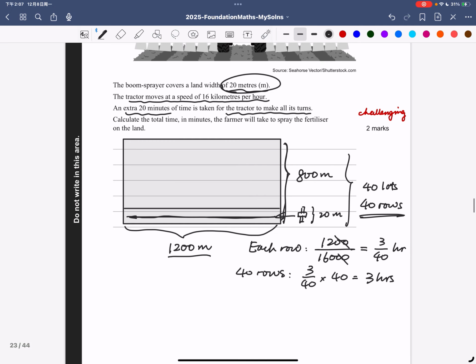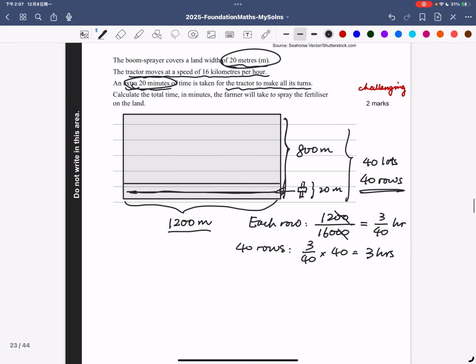And also you need to take the 20 minutes into account. Therefore, the total time will need to be, let's say, 3 hours and 20 minutes. The question says in minutes completely. Therefore, it will be 180 times 60... 10,800 seconds aside, 180 plus 20.